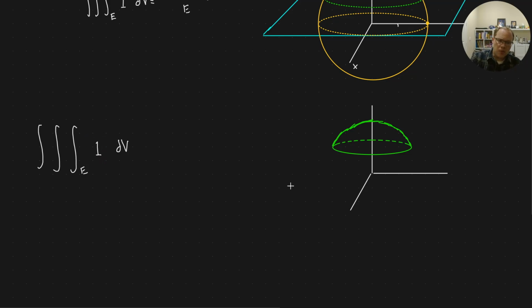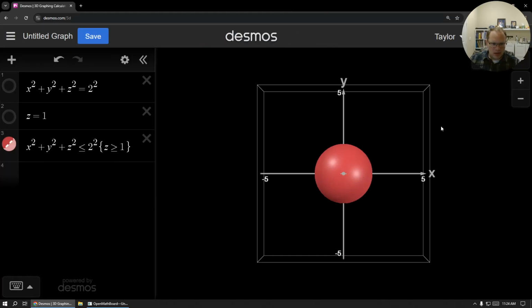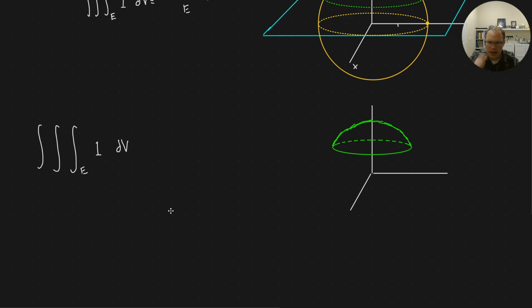But it's actually still a pretty good problem just because I could separate it into what's going on in z, and then once I collapse the z, I'll be left with a circle. And looking at this from above, that would be real good to use polar coordinates on, right? Okay, so let's set this up.